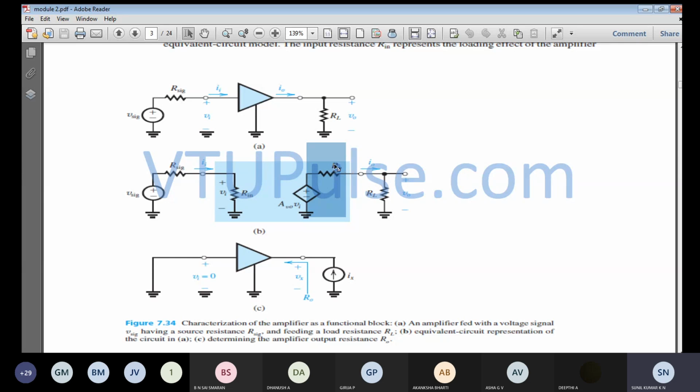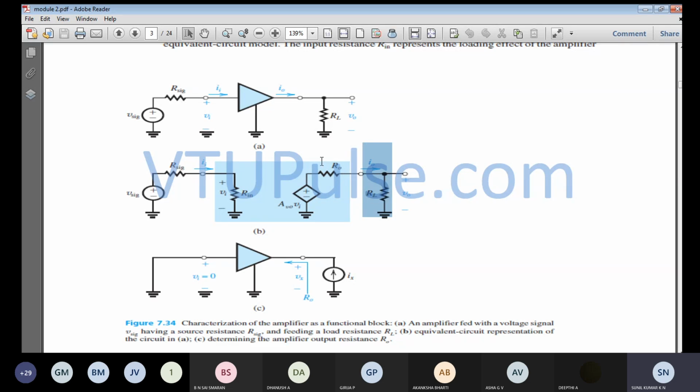So why should it be smaller? Because whatever the output voltage which you are going to get over here, AV0 times of VI, that is the output voltage, it should appear across RL. Because if the value of the resistance R0 is some finite resistance value, suppose in terms of kilo ohms, then the load resistance will also be in terms of kilo ohms.